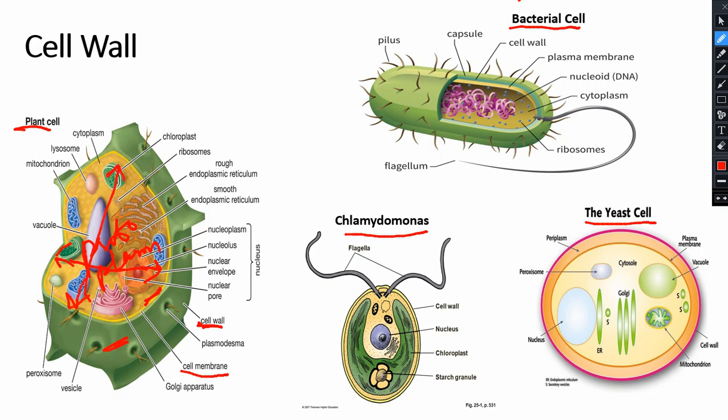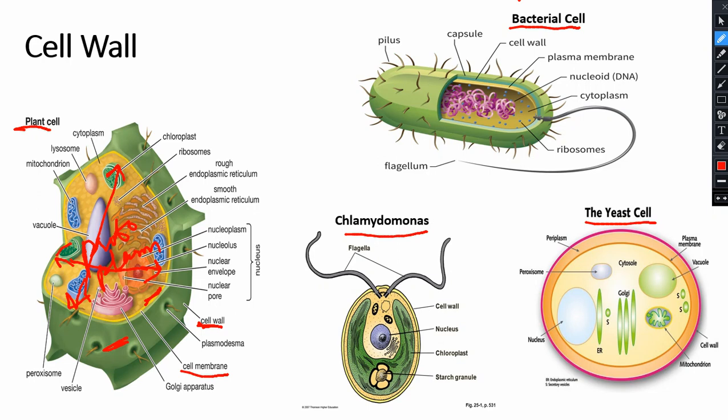So the function of the cell wall is that it provides protection to the protoplasm. What does it mean? Whatever is inside the protoplasm, it provides protection to it. It provides protection to the nucleus, the mitochondria, the chloroplast. In simple words, it provides protection to all organelles inside the cell.